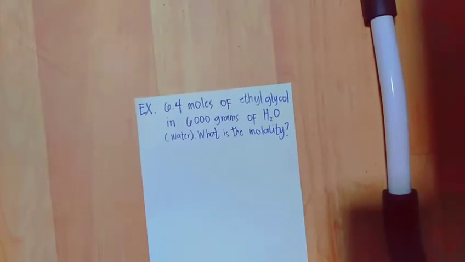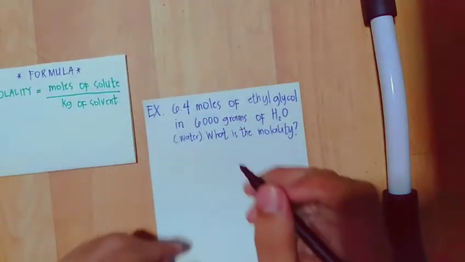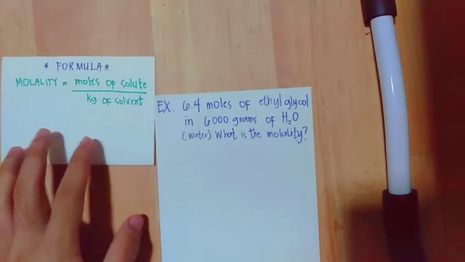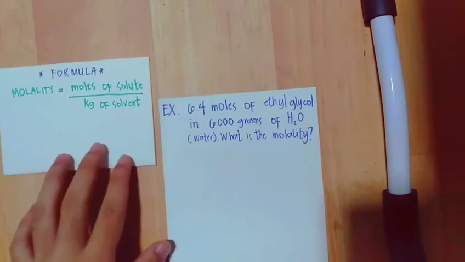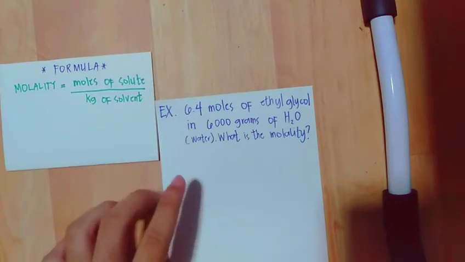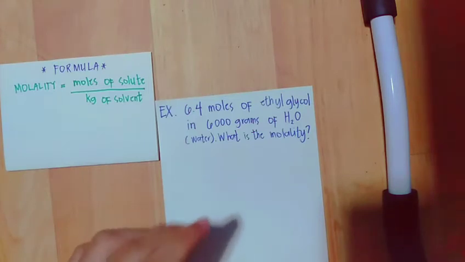We're going to use the formula of the molality: molality equals moles of solute over kilogram of solvent. In this problem, the moles of solute is 6.4 and the solvent is 6,000 grams.